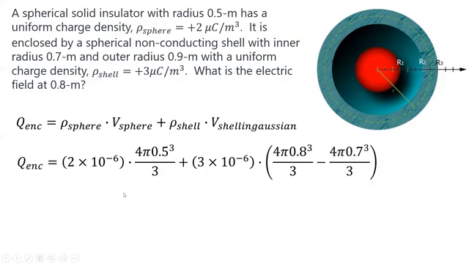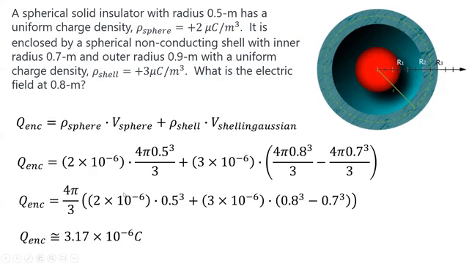We can go ahead and solve this, and we end up getting around 3.17 times 10 to the negative 6 coulombs. So that was one of the more difficult ones that you could be asked to solve for the charge. You could do something similar for a nested insulator as well, or insulating cylinder.